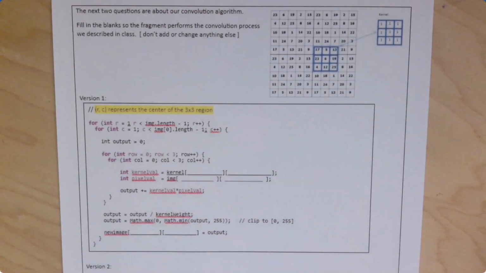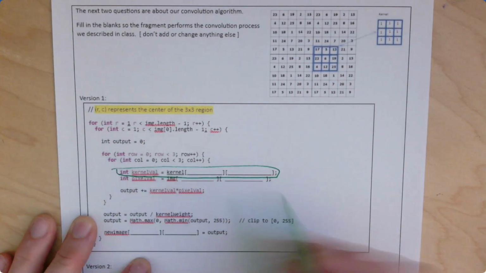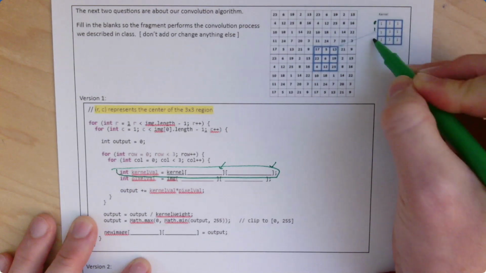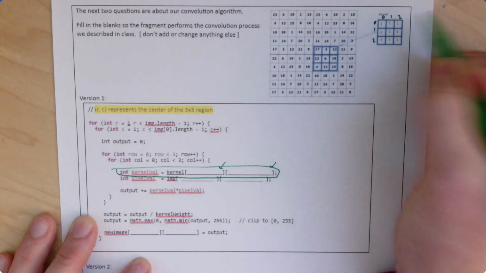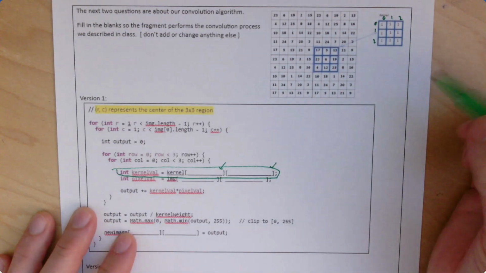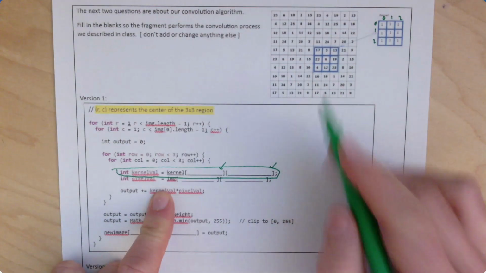It's because when we're accessing the kernel on this line, whatever we use for the indices has to visit indices 0 to 2 always, because the kernel is only a 3x3 2D array. But in the image, where we're accessing depends on where we're starting.